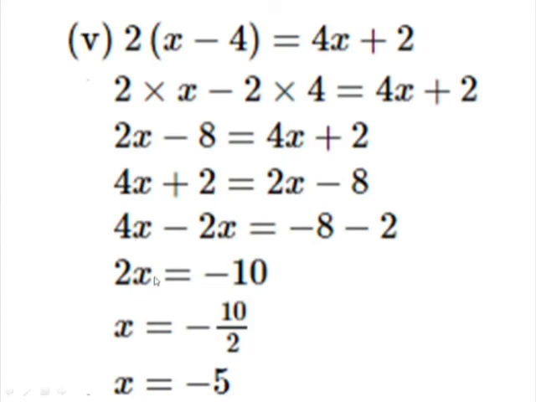Now 4x minus 2x is 2x is equal to minus 8 minus 2 is minus 10. Now here 2 is in multiplication, so on the other side it will come in division. So you will get x is equal to minus 10 upon 2, that is x is equal to minus 5. Now children, here x is equal to minus 5 is the solution of the given equation.